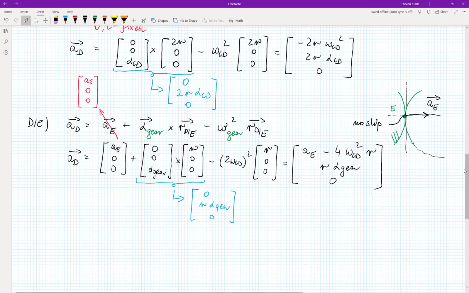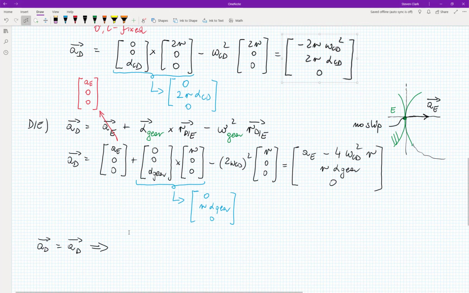Okay, guys. So we found acceleration of point D in two different ways. And the rest of the discussion is very similar to what we did in our velocity analysis. We are just going to compare AD to AD. So I can just copy this vector and paste it here. And this is equal to this one.